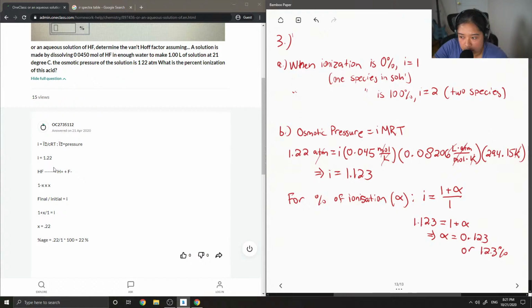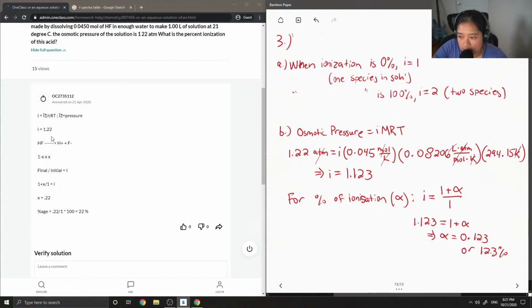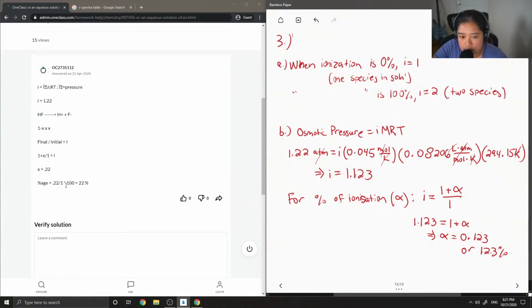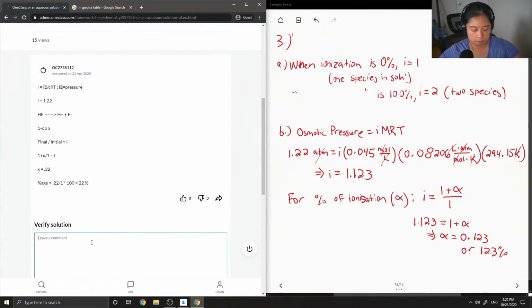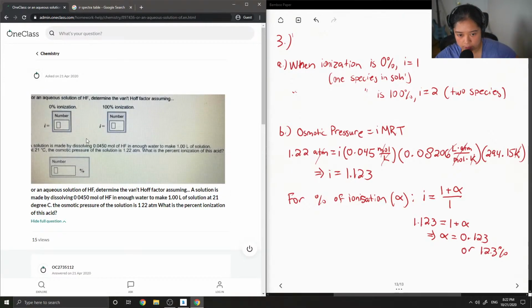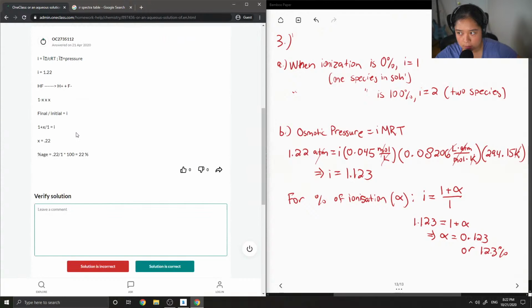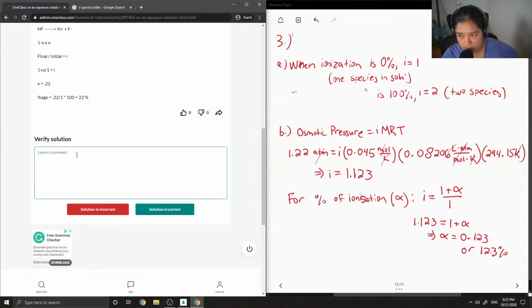So the equation looks right, but they just got a different value for I. One plus... I'm just going to write out what I did. And I'll also write down what I should be equal to.